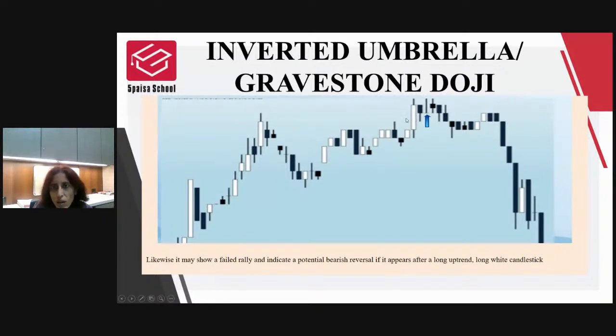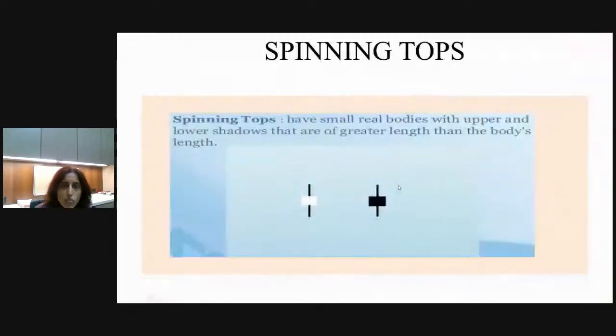So this is a very important candlestick chart type, and how you interpret it is very important. Just see what the candles are which happen immediately after that gravestone doji, and that will give you more clarity as to which direction the market is going.